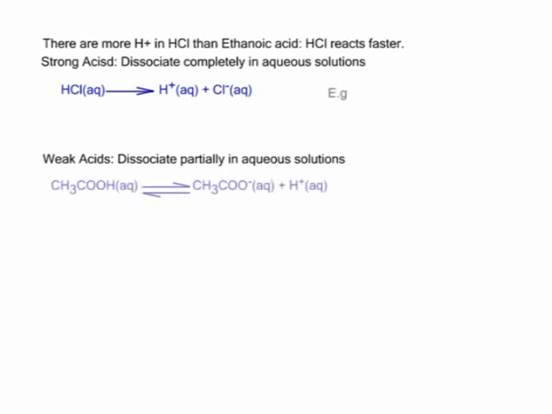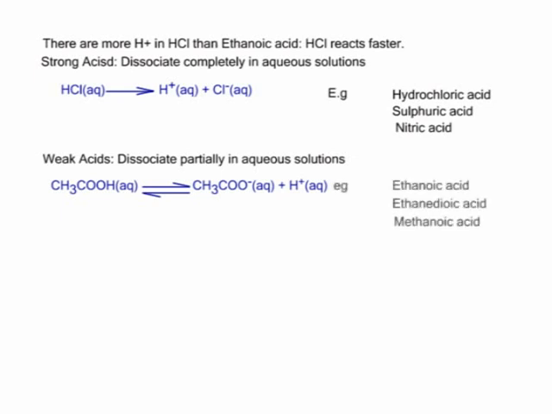So ethanoic acid would dissociate into ethanoate ions and hydrogen ions. The partial dissociation is indicated by those arrows which indicate the reaction can proceed forward or backward. Other strong acids include sulfuric acid and nitric acid, while ethanoic acid, ethanedioic acid, and methanoic acid are all ranked as weak acids.